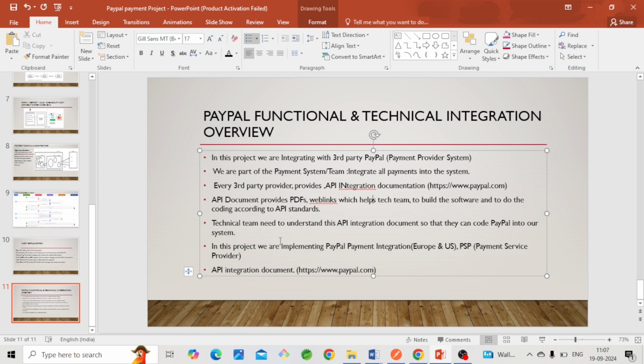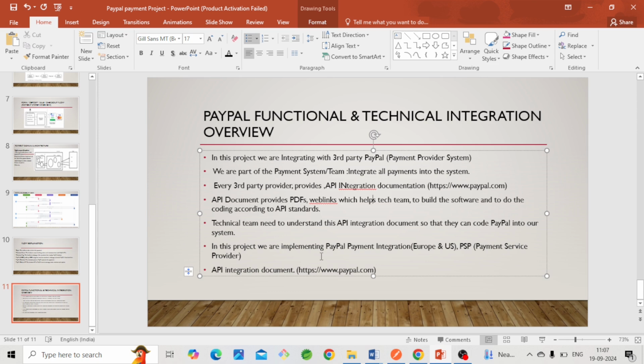The technical team needs to understand this API integration documentation so that they can code PayPal into our system, building the APIs according to the terms given by the PayPal documentation.